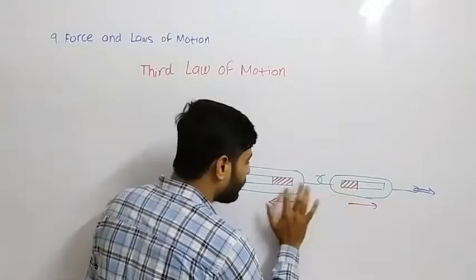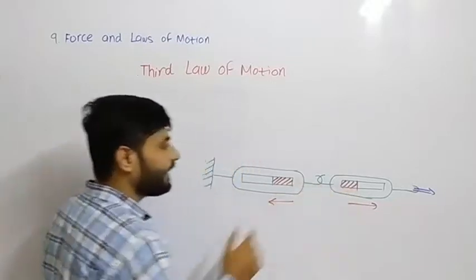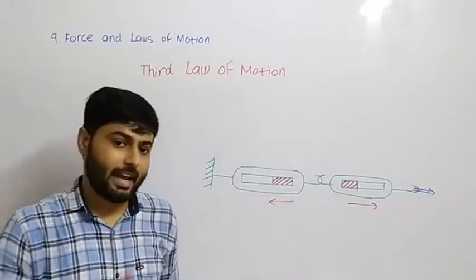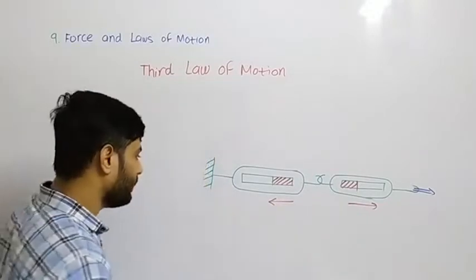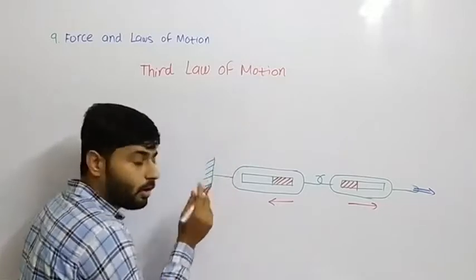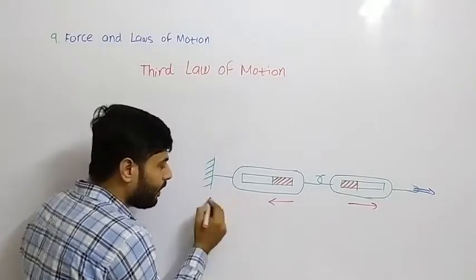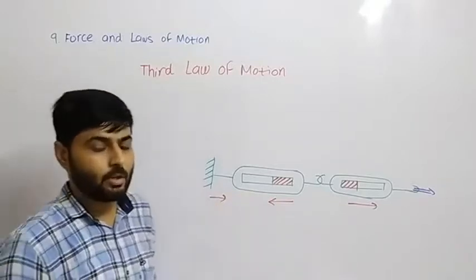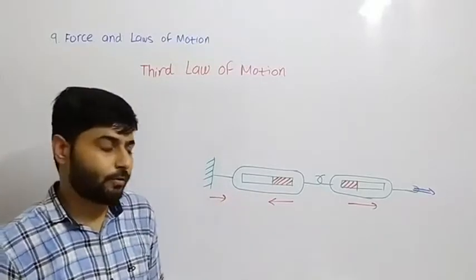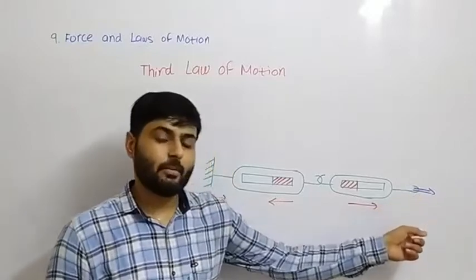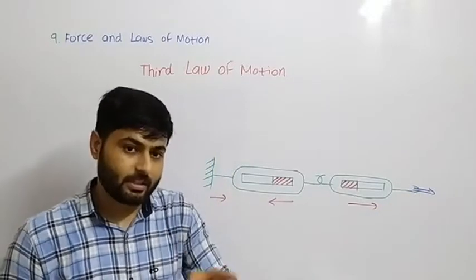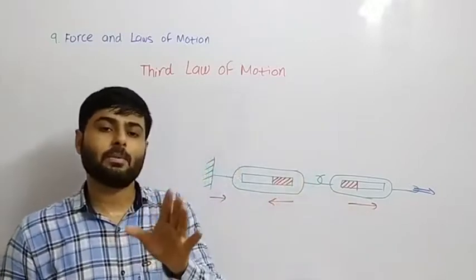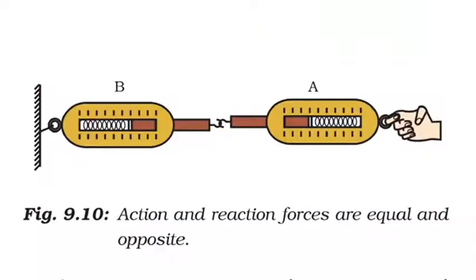So we have the same reading on both spring balances, and at that time the wall also tries to pull this spring balance. So we can say that for each action we have a reaction that is equal in magnitude and opposite in direction.